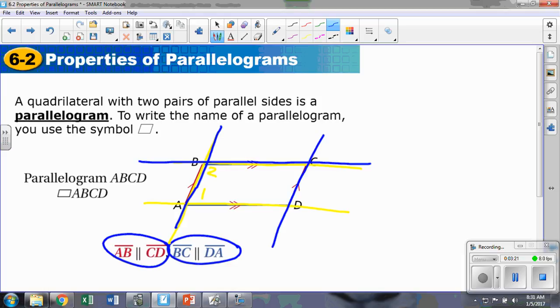We'll have another pair of parallels being cut by a transversal. And so now we have same side interior being supplementary. Again, when we're looking at these, there are several things that we should be able to look at and still take advantage of our pieces. So keep in mind that we're going to use a lot of those parallel facts.